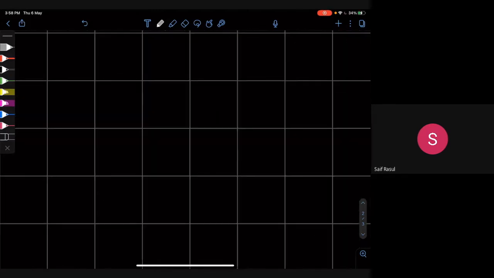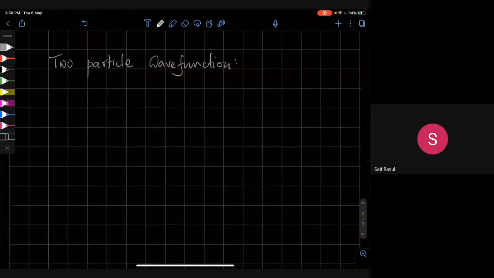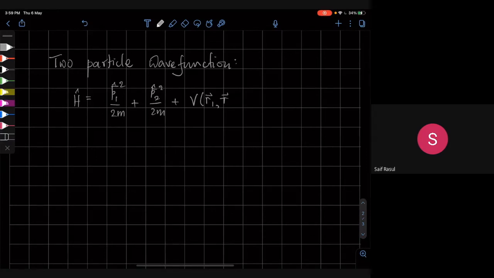In that case, the Schrodinger equation will have the Hamiltonian, which will have the form of P1 squared by 2m, it could be a vector, plus P2 squared by 2m plus some interaction potential, say V(R1, R2). Now in our case, because we're dealing right now with an ideal gas, this is not there.